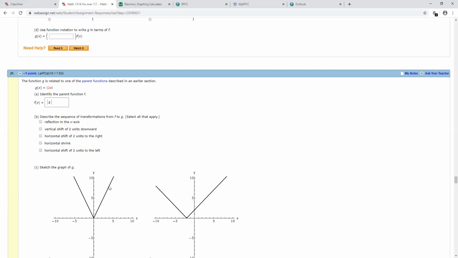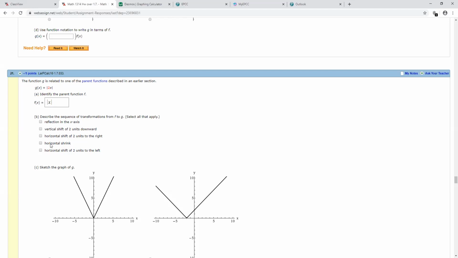When you go vertically, now you're talking about the other way, and you're either getting closer, vertically shrink, or vertically stretch. And when is that going to happen again? When the multiplied number is not inside the basic function, but outside the basic function, okay?